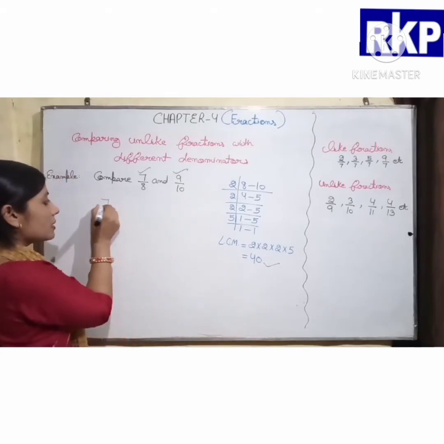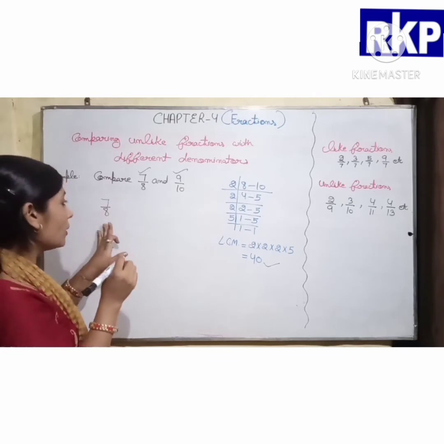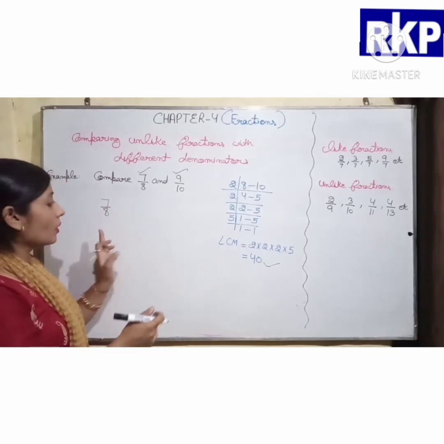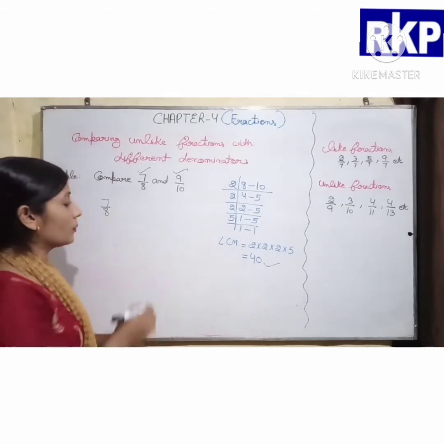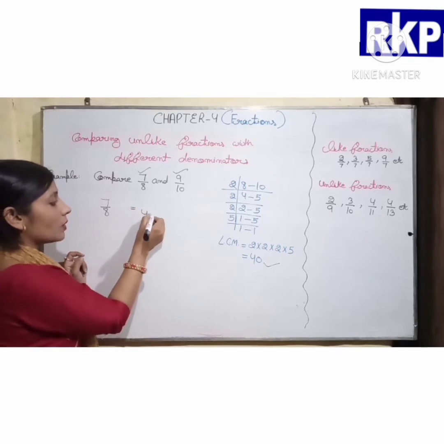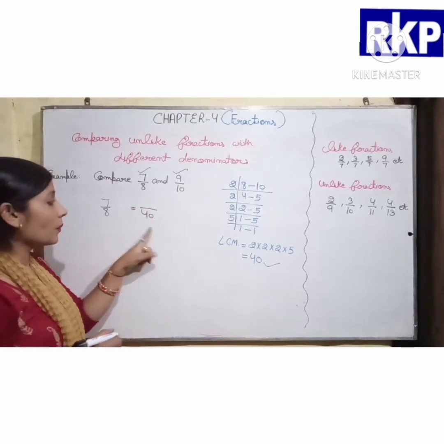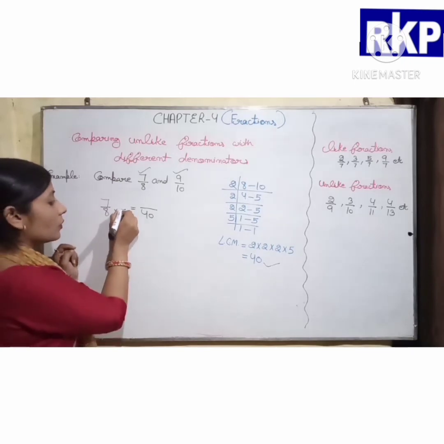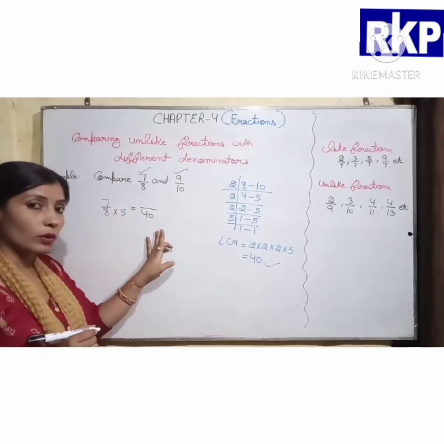Now after this we have to find equivalent fractions with denominator 40. So let us write 7 by 8. Here we have to find an equivalent fraction with denominator 40. How can we get 40 as a denominator? If we multiply this 8 with 5, then we get 40.